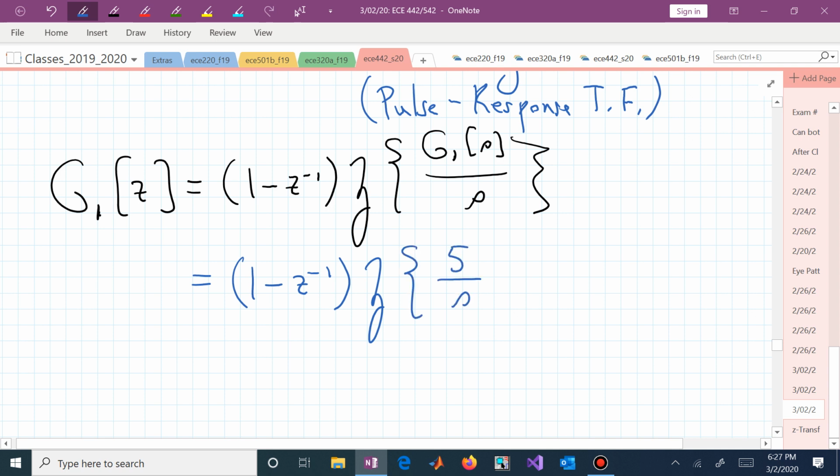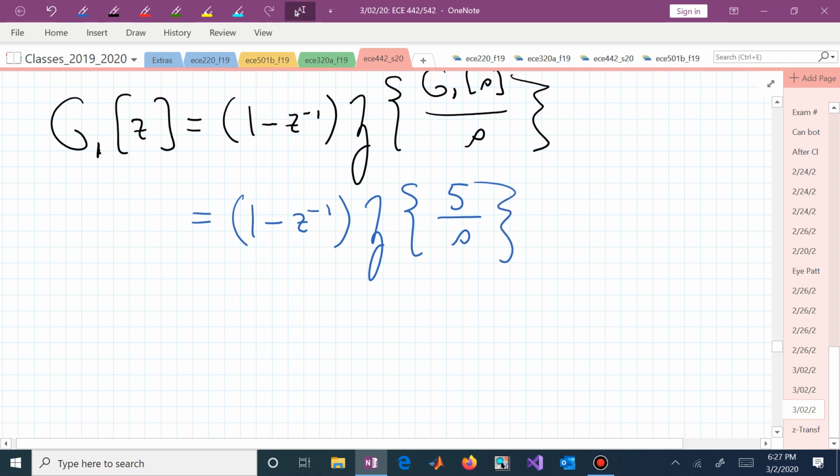This is now 5 over S. And now I'm going to break this down into a lot of different steps, another reason why we might be here until 11. But the 5 I can pull out. That's just a constant. I can now say this is the same as 5 times 1 minus Z to the minus 1, times the Z transform of 1 over S.